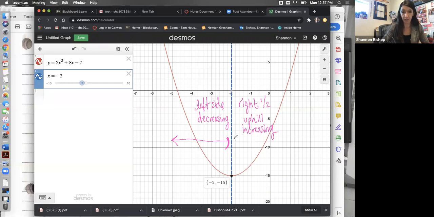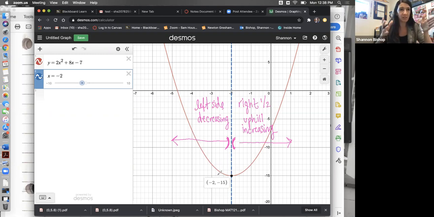And then similarly, everything to the right of -2 is increasing. Now, there is no stopping point on this one. If you recall, the domain for this one is simply all real numbers. It is not a word problem. It does not stop ever. It goes on forever.